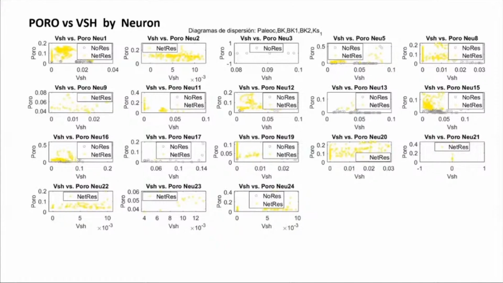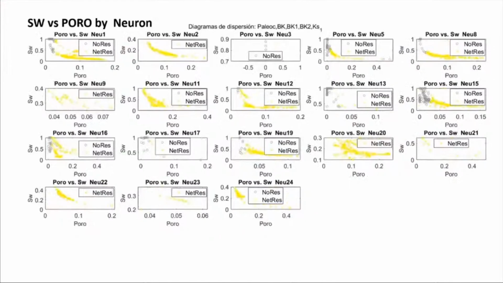In this case, water saturation versus V-shale by neuron, water saturation versus porosity. But you can build the graphs, cross plots, box plots, bar charts, spider charts, using other properties, maybe Poisson or VP/VS ratio or acoustic impedance and so on.